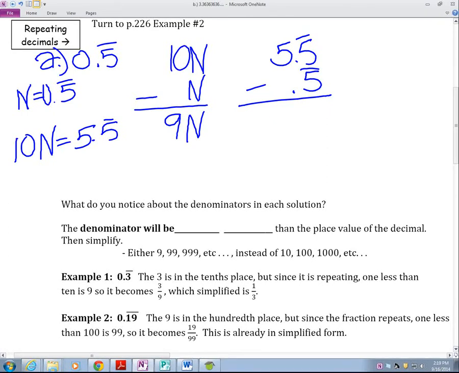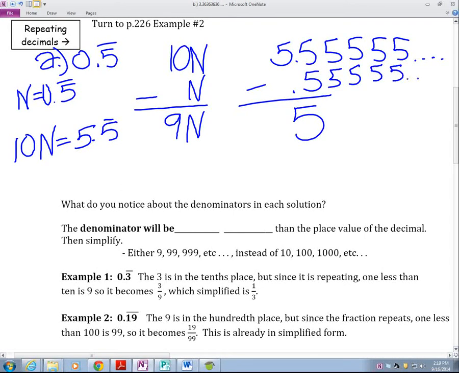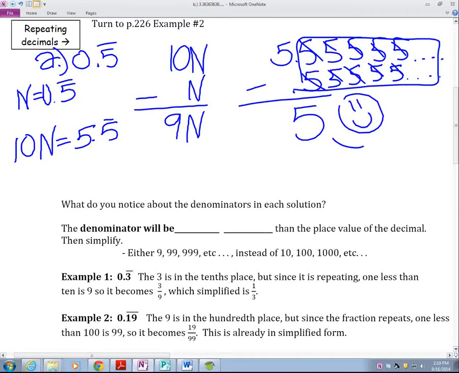Just 5. And the reason for this is, if I were to continue drawing this out, these all cancel each other out. Everything is canceled out here, so all we have is just a happy solo 5.